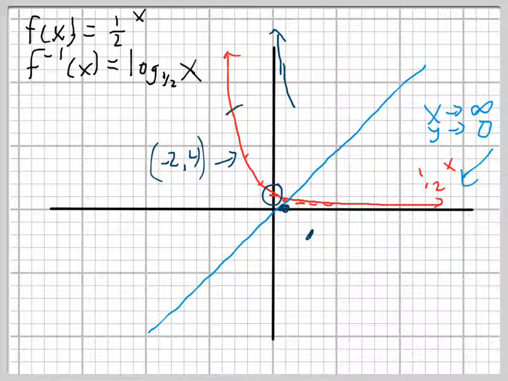And this point over here was -3, 8, so 8, -3, it's right there. I'm going to erase this part here because it looks bad.